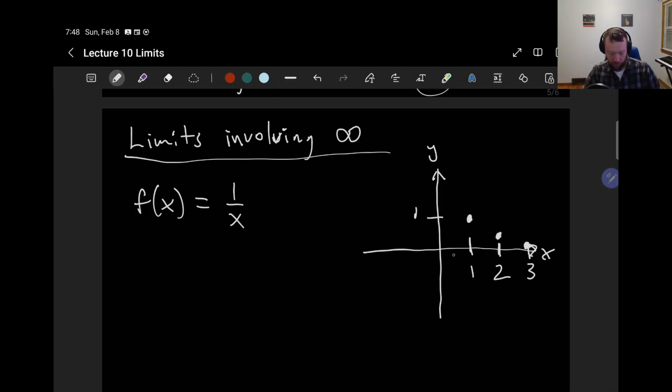And notice if I plug in, say, 1/2 for x, 1 over 1/2, that flips to 2. So we have a height of 2. So what will happen is that as we move out, we'll get very close to 0. And as we get close to the y-axis, we just shoot up forever.